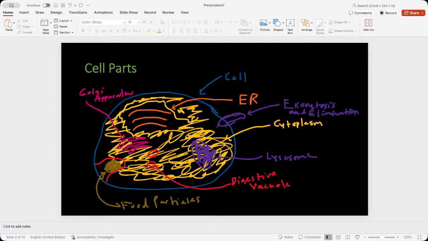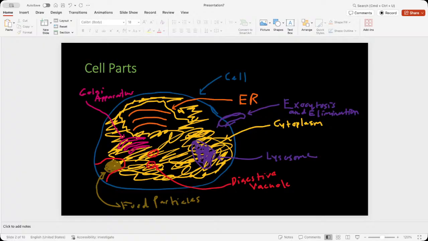Then you have the cytoplasm, which is essentially those little juicy areas within the cells where all of these organelles are. The lysosome. Then there is the digestive vacuole, which brings in the waste and stuff like that.